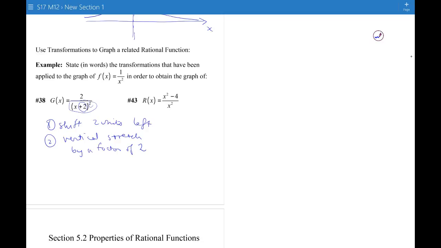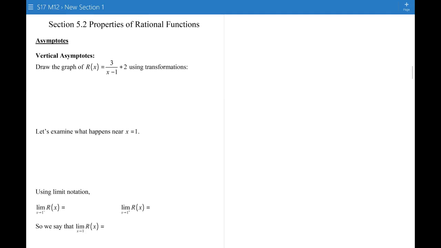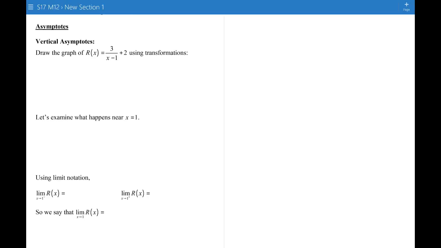And let's look at number 43 in class together. That one's a little trickier. Okay, so vertical asymptotes. If we draw the graph of this function using transformations, we see that we're going to shift right 1 unit because of the -1 before the reciprocal function.